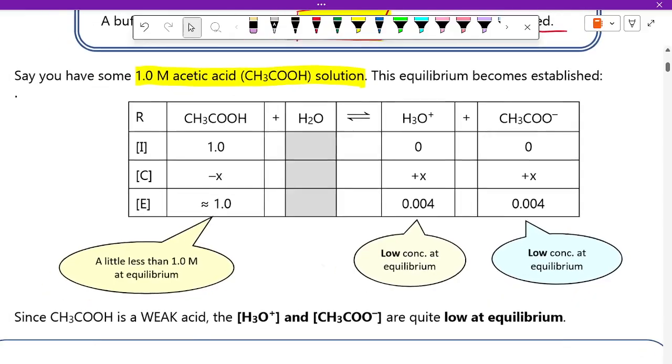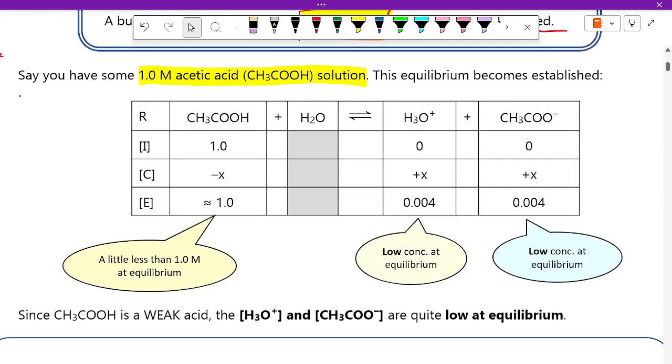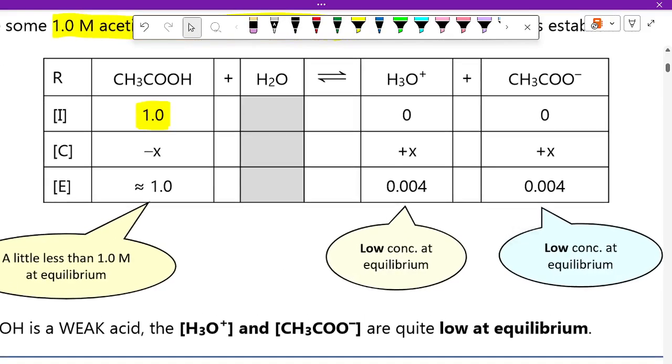The reason is that when we do a RICE table for this, we've got 1 molar acetic acid, then plus X, minus X, and we end up with a tiny bit less than 1.0 molar of the acid at equilibrium. That's a fairly high concentration.